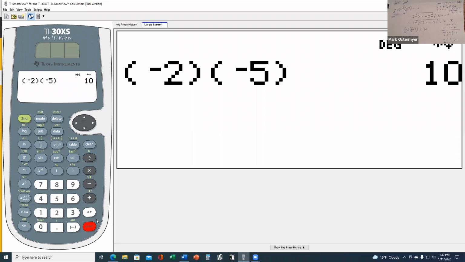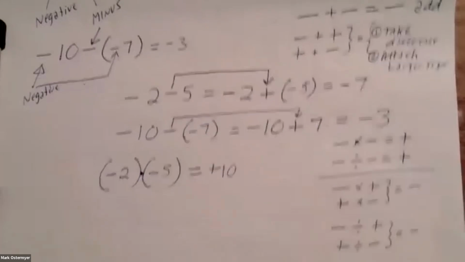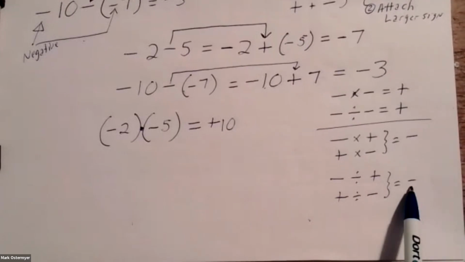So you can have a lot of fun on this calculator. Now, if I was to take like -40 and divide it by, let's say, a positive 5, what's a negative divided by a positive? Do you remember the rule I just laid out? I know I went over it kind of fast, but a negative divided by a positive is always a what? Always a negative, correct?